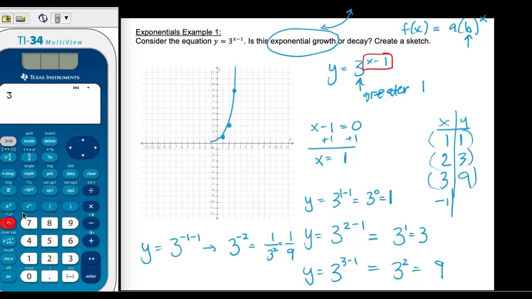This calculator happened to give me the fraction. Other calculators might convert that and write it as a decimal, which is repeating. But it shows you that when you plug in negative 1, you're going to get a really tiny number. And so this is going to just hug that x-axis there. And there's a sketch of our graph.